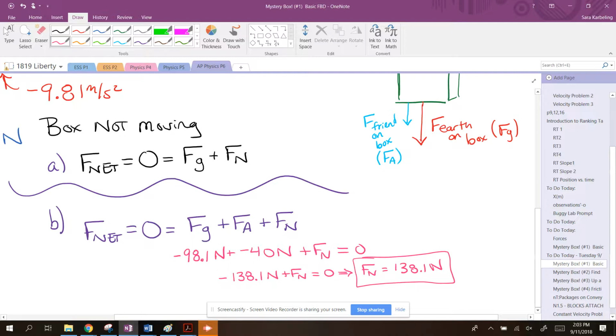I want you to imagine you have your hands out, and somebody puts a plate on your hands. The normal force, your hands pushing up, is going to be exactly equal to the gravitational force pulling down on that plate. You with me? Somebody, your parent, your sibling, your cousin, puts another plate on top of it. What happens to your force? It has to go up a little bit, right?